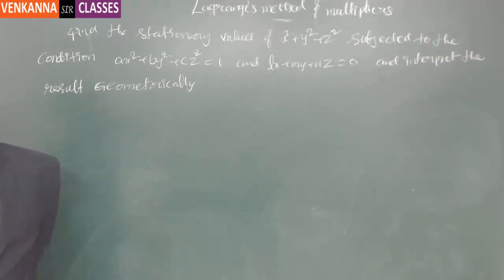Anybody got the idea how to do this? Sometimes the same question is asked to find the maximum and minimum values of the function x² + y² + z², subject to the conditions ax² + by² + cz² = 1 and lx + my + nz = 0. So there are two different conditions here.